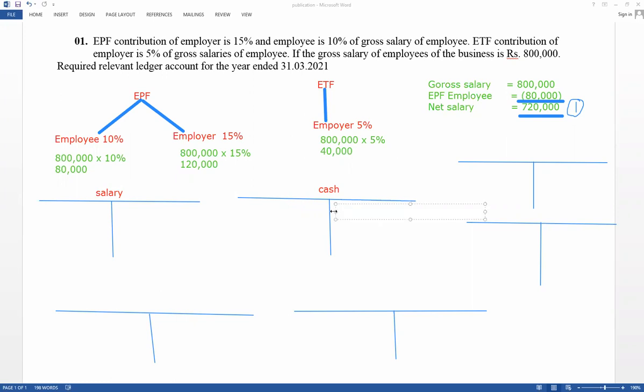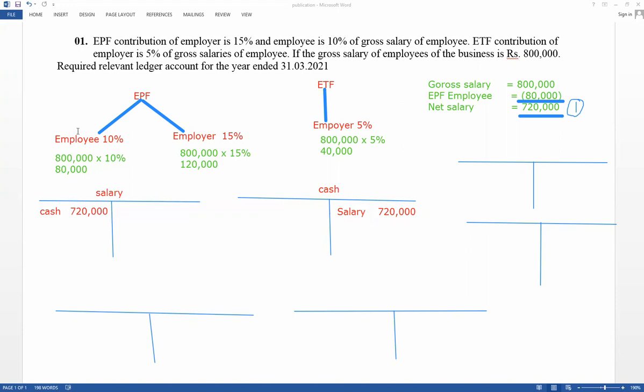Therefore, cash account credit as salary, value equals 720,000, as well as salary account debit as cash, value 720,000. This is step number 1: net salary paid in cash.